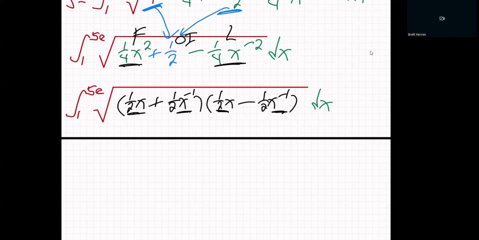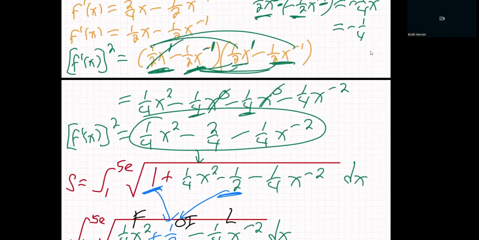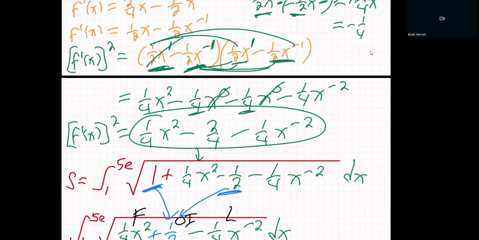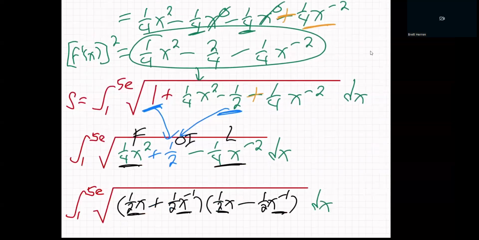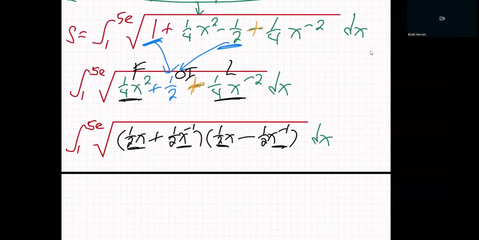So if I make them both a plus, did I copy that down correctly? Oh, there's my mistake. Sorry. Right here, this should be plus, because negative a half times negative a half is plus. So both of these are going to be plus. Yes, there we go. Sorry.